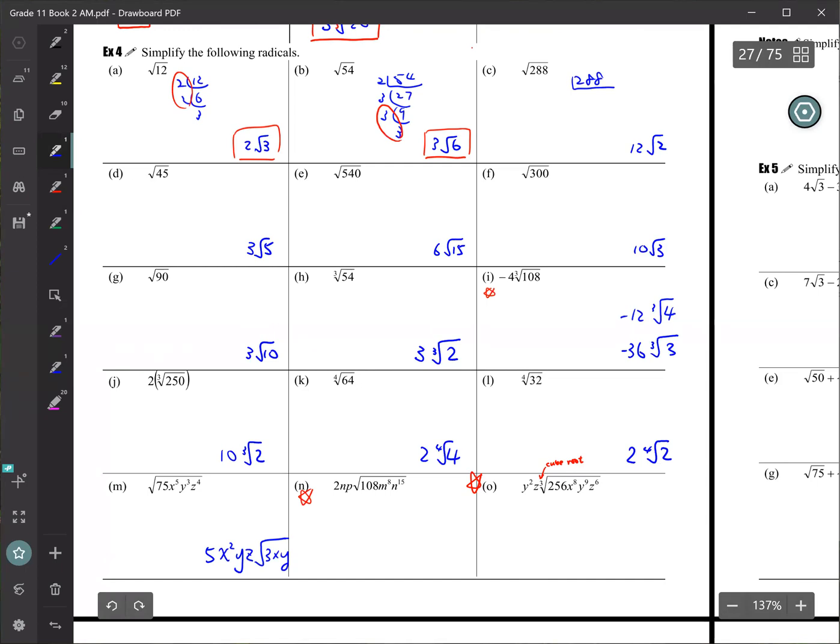Okay, 288. I'm going to cheat a little bit. I use 2. So 144. And in the back of my head, I know 144, I can make a pair using 12 and 12, right? If you know your perfect squares well, you can do this cheat. 12 times 12 makes 144. 10 times 10 is 100.